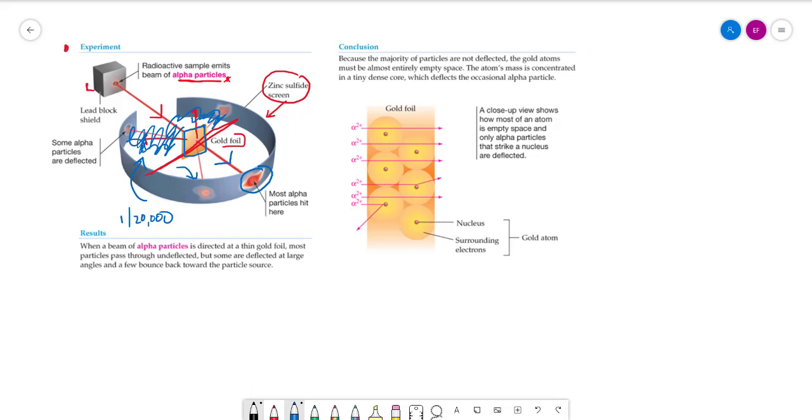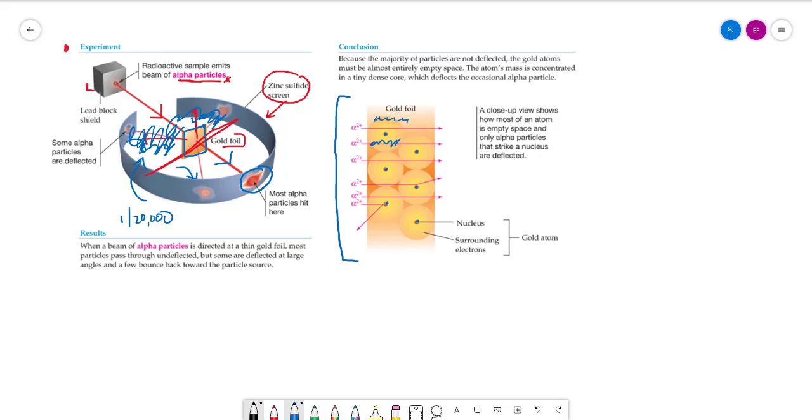And so the model that he developed looks something like this, where the vast majority of this gold foil, if we were able to zoom into the subatomic level, is empty space, which is all of this space around here. And then in the center of each of these gold atoms are these tiny little dense dots. And those dense dots are where the positive subatomic particles are, this nucleus that contains these protons.